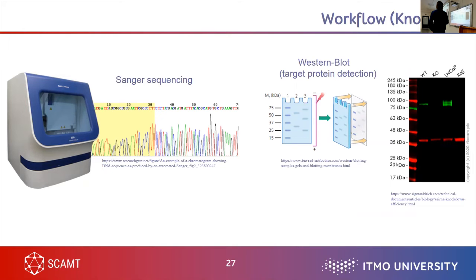This is the gel, and inside the gel we can load the target protein. If the target protein is present in the cell, it will give us light here. But if the target protein is knocked out, there will be no bands here.